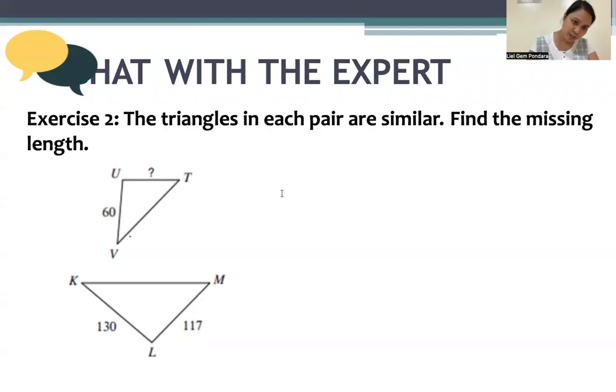Based on the drawing, the triangle is smaller here. UT is proportional to ML, while UV is proportional to KL. The one that is given is UV and KL.